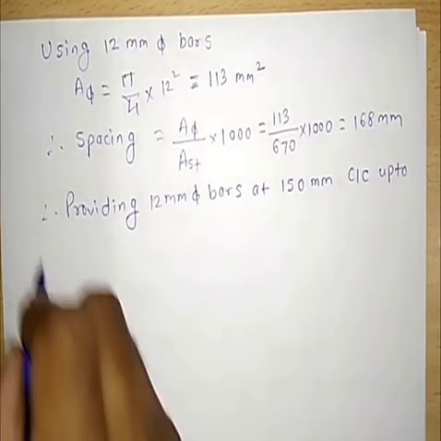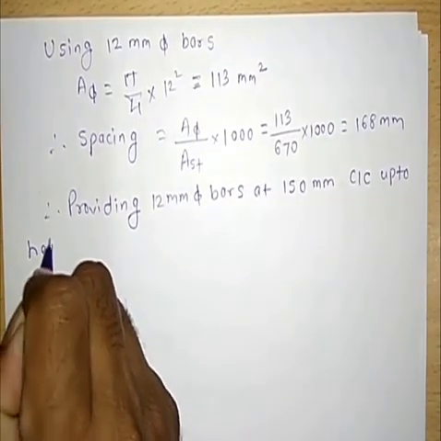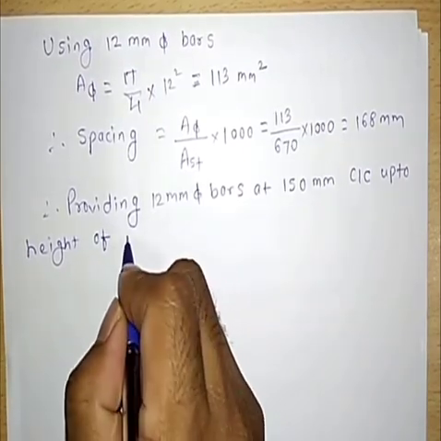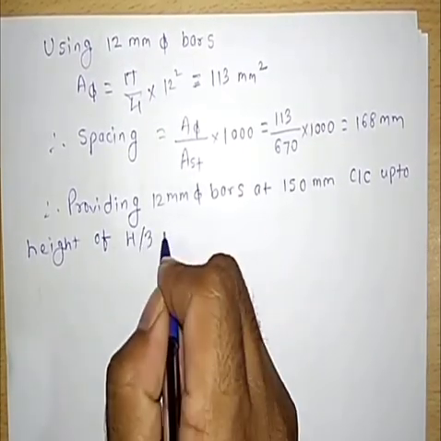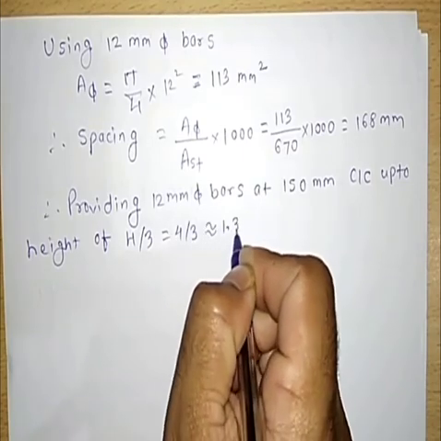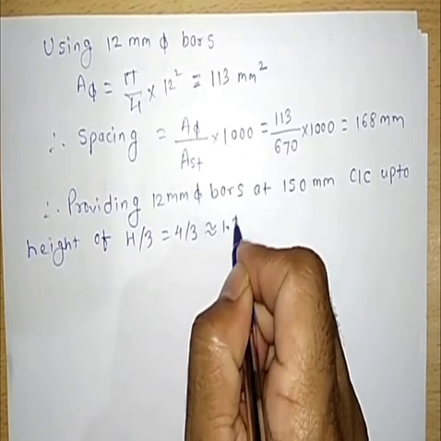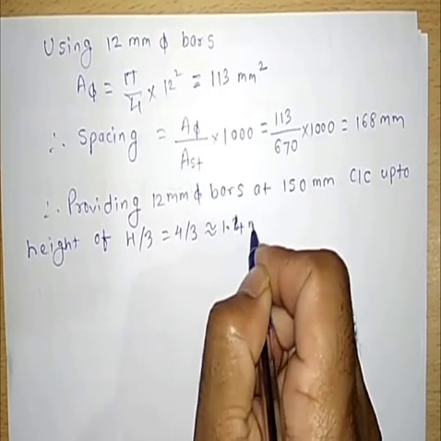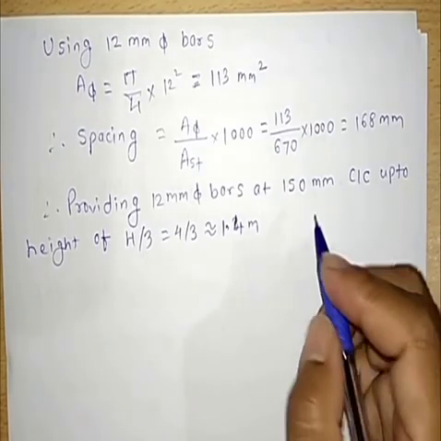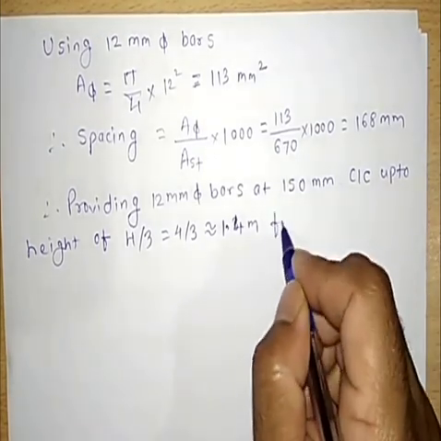up to a height of 1/3 of h, or you can say h by 3, that is equal to 4 by 3. So it is around 1.39, or you can say 1.4 meter from the base.